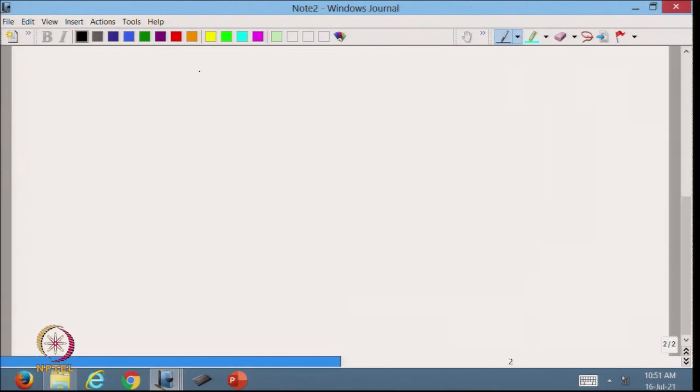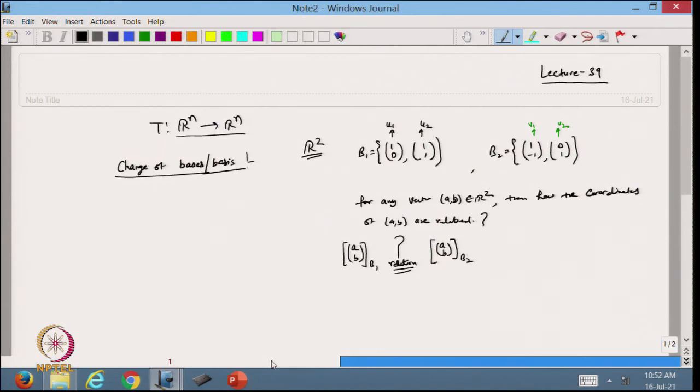Let me call this vector x. This vector is (a, b), and it belongs to R2.